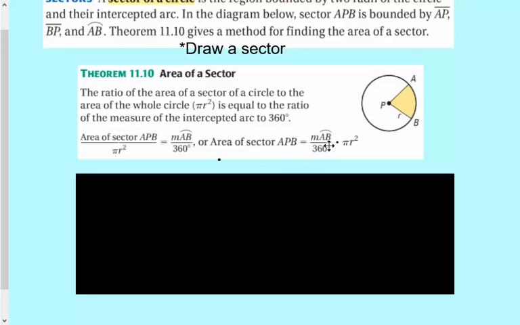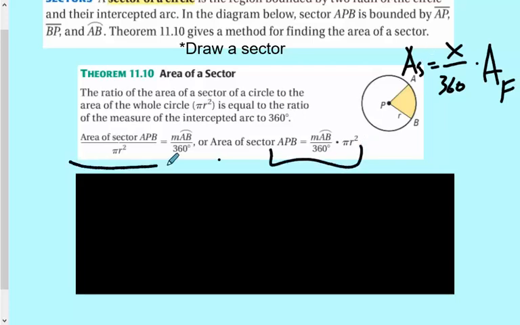So the area of the sector is some number of degrees out of 360, a percentage out of 360 instead of 100, times the area of the full circle. That's what all of this comes down to.